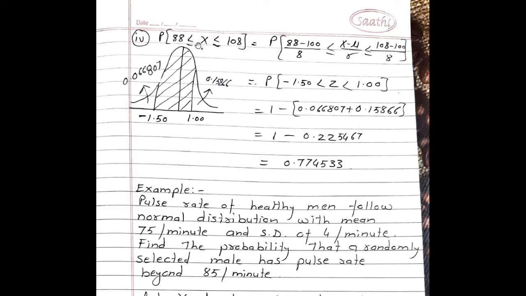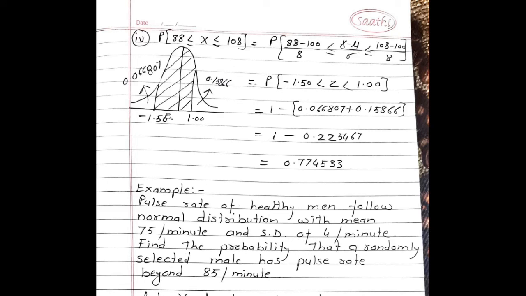Last part, probability 88 less than or equal to x less than or equal to 108, which is equal to probability 88 minus 100 upon 8 less than or equal to x minus mu upon sigma less than or equal to 108 minus 100 upon 8, which is equal to probability minus 1.50 less than z less than 1.00.